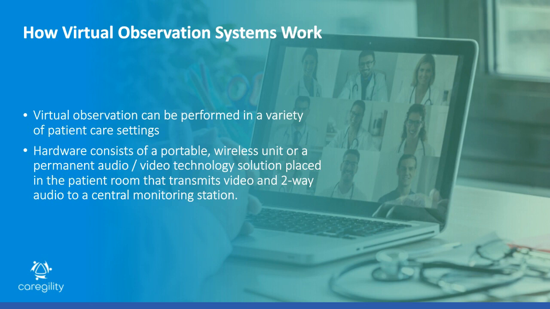If the patient doesn't comply with stopping their behavior, the observer then alerts the bedside staff to the room. Alerting the bedside staff is typically done by phone or a loud alert that's played in the patient's room until someone arrives.